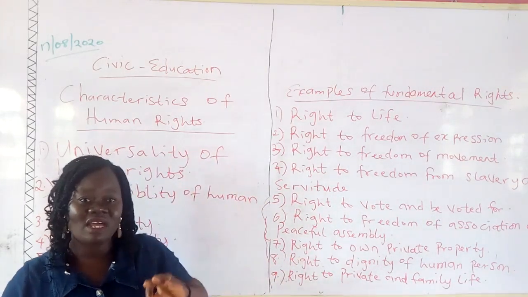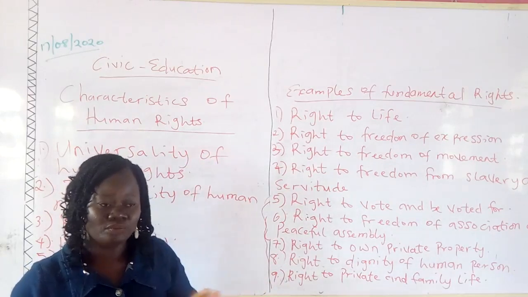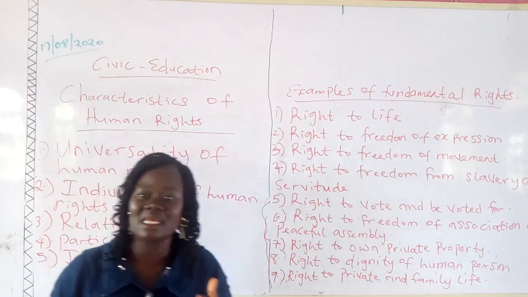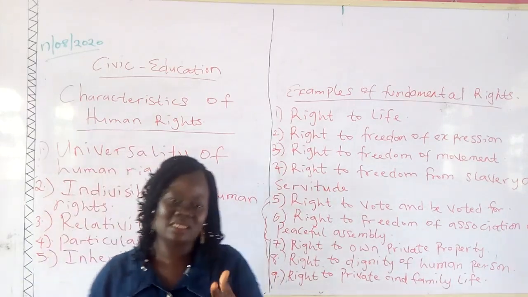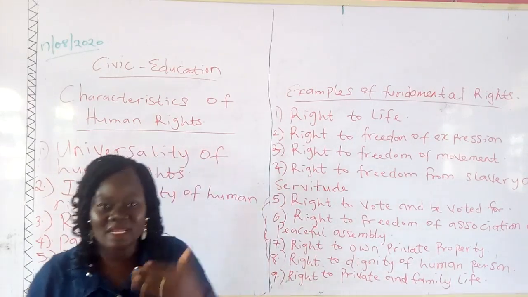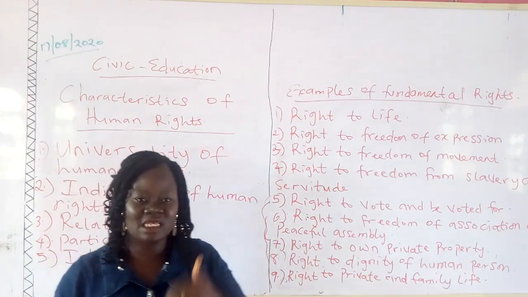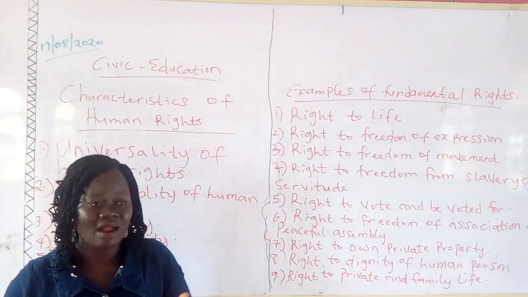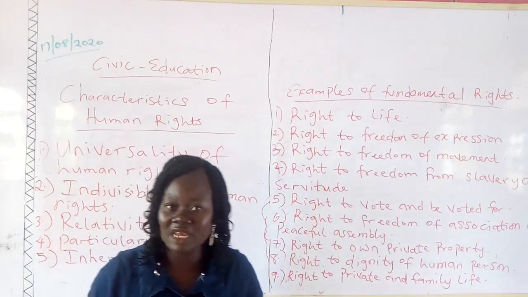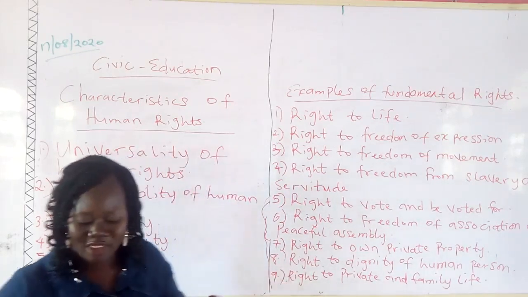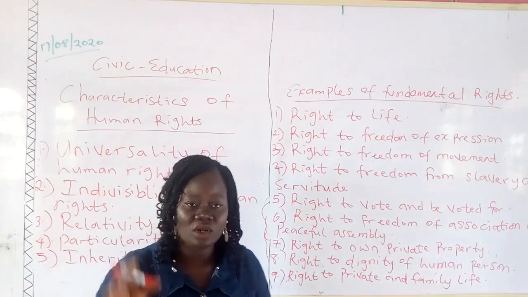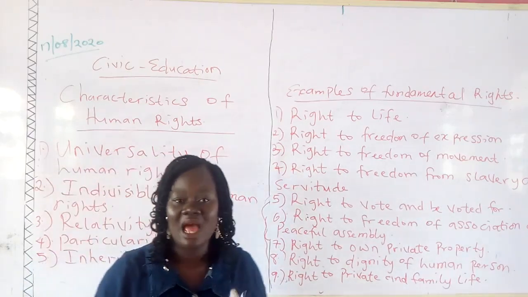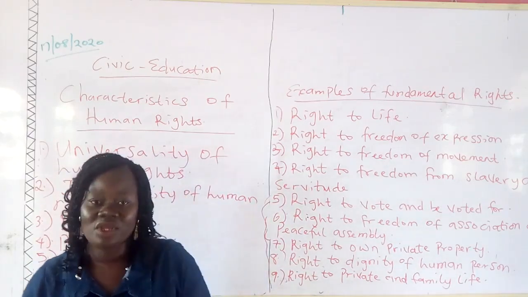The civic and political rights focus more on our responsibility in participating in the government of our country, participating in elections, and so on. Examples of such rights are the right to vote and be voted for. Under the economic and social rights, this has to do with our private life.